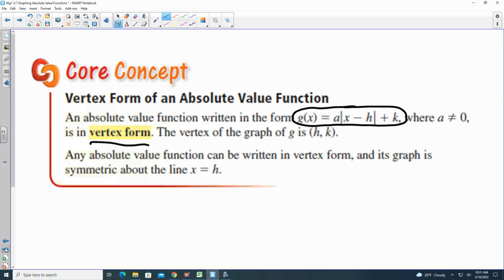There are a lot of terms there, and what we're going to do is dissect this function and show you how we can graph this without necessarily making a table. So let's start with an example.